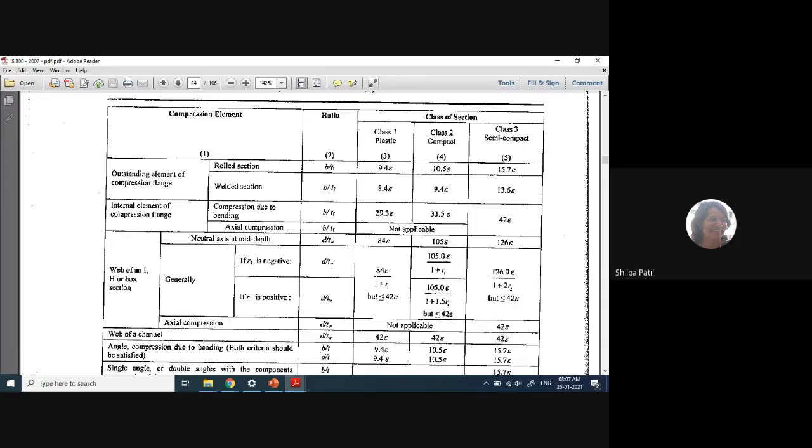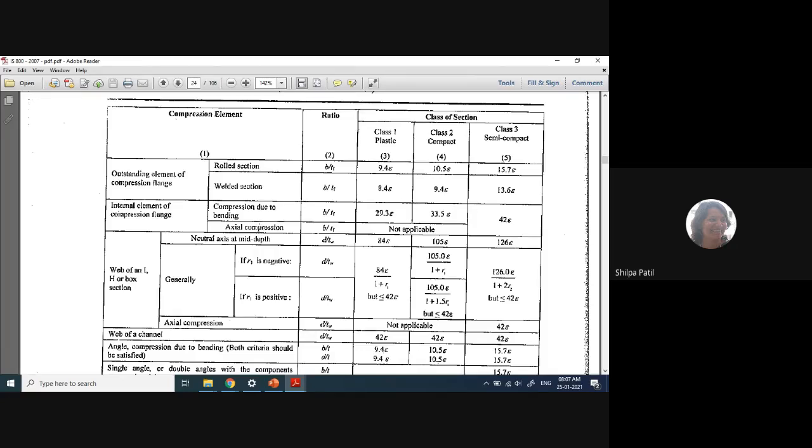And because of this bending, some portion will be in compression and some portion of the section will be in tension, either above the neutral axis or below the neutral axis, depending on the direction of the load. Okay, so compression due to bending means when you are using a section for beam, you have to refer to these values given in the row.